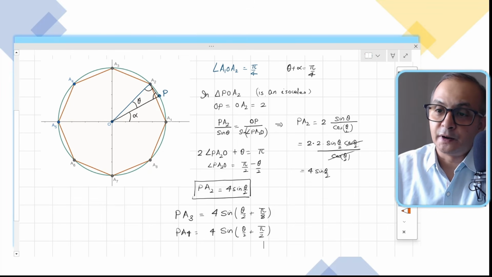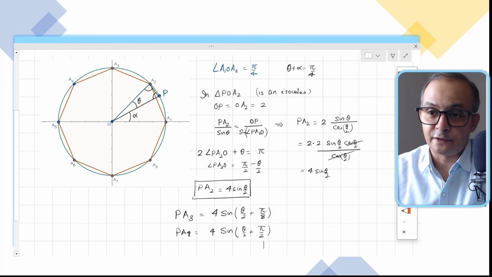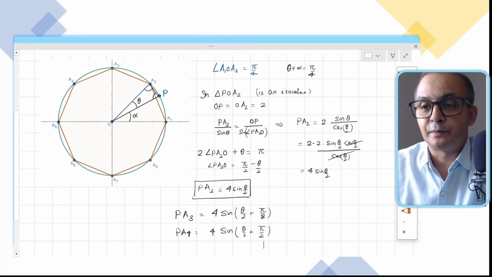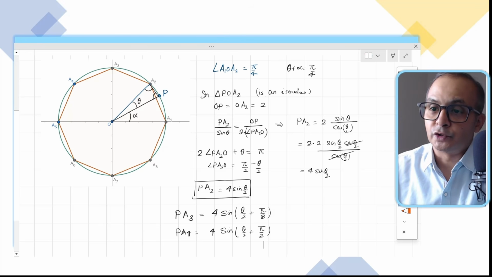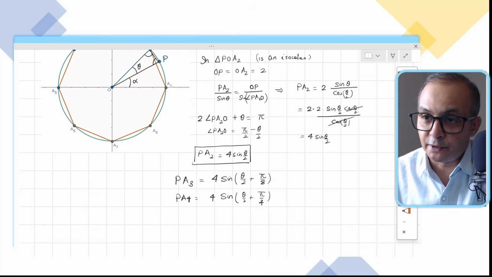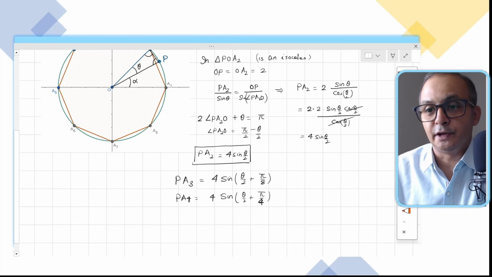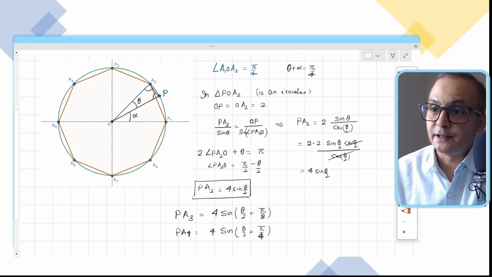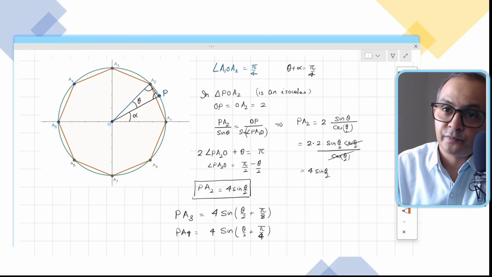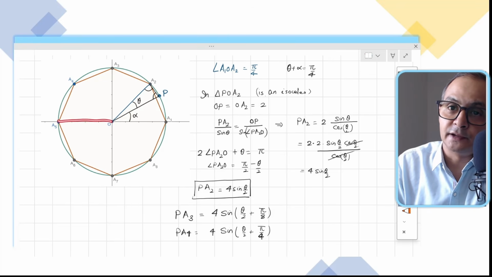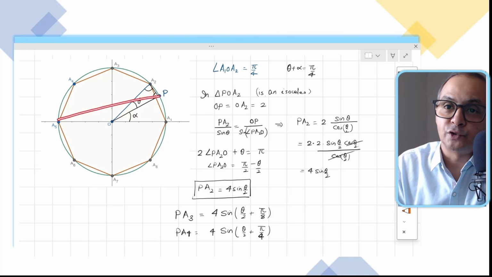Because we are substituting theta with theta plus pi by 2, so that will become pi by 4 rather, not pi by 2, since we are taking the half of it. Similarly, the last one in this anti-clockwise direction, in this triangle, again this radius and this radius are equal, and we are taking this angle.